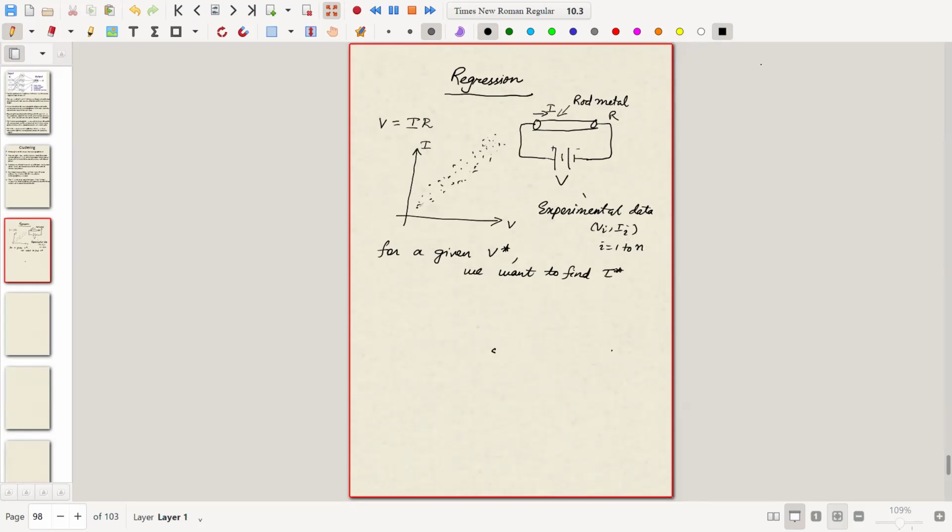To answer that question, we have to say the experimental data set resembles something like this for each of your data: Ii equals Vi by R plus some epsilon i. What is this epsilon i? You see, it is a linear quantity, but there is some addition of epsilon. So this is random noise, in real world situations, or error creeping into your experiments. Therefore, you are never seeing a straight line but rather a smudge of points.